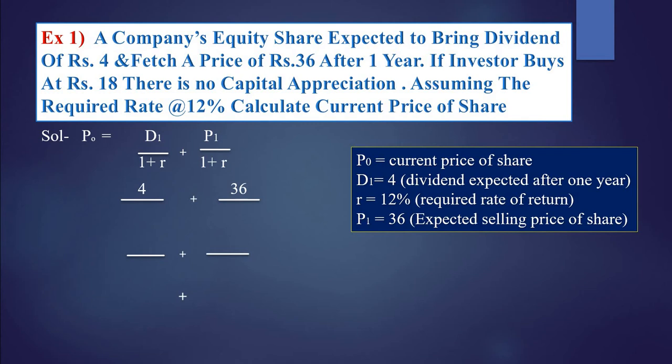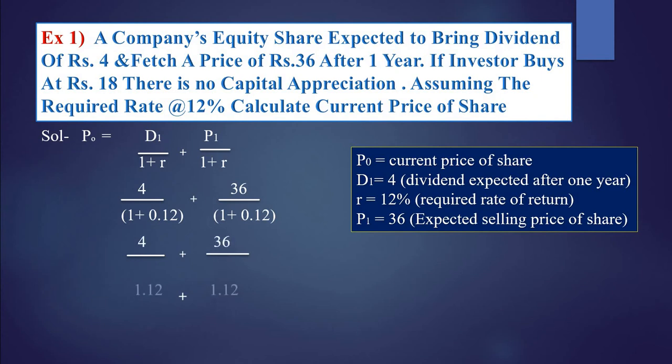P1 is our selling price, which is 36. Next, 1 plus R: 1 remains constant, plus R, the required rate of return, which is 12%, meaning 0.12. Now we will go for the further simplification.